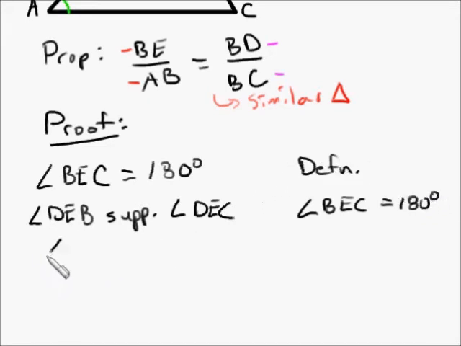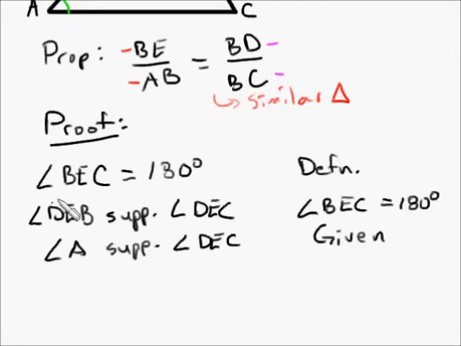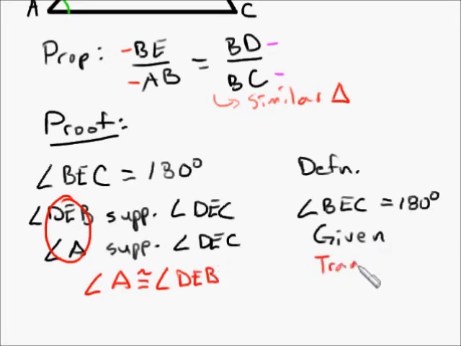And we know that A is supplementary with angle DEC. That was given to us. So once again, a little transitive property in action. These two guys are going to measure the same. Angle A is congruent to angle DEB. We'll go ahead and call that transitive.